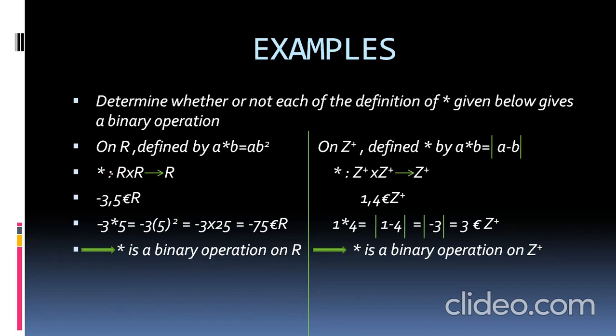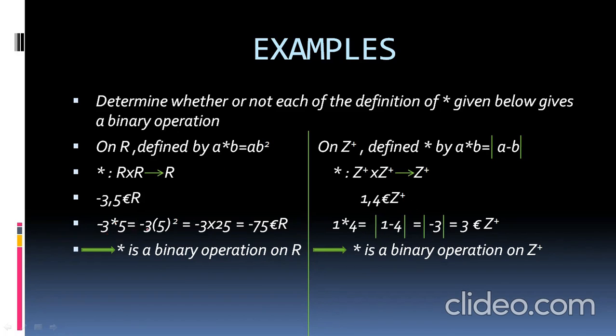Now here star is defined from R cross R to R, where R is the set of real numbers. Now again consider two elements, minus 3 and 5, which are both real numbers. If we apply this operation star on minus 3 and 5, what do we get? Put a equal to minus 3 and b equal to 5.